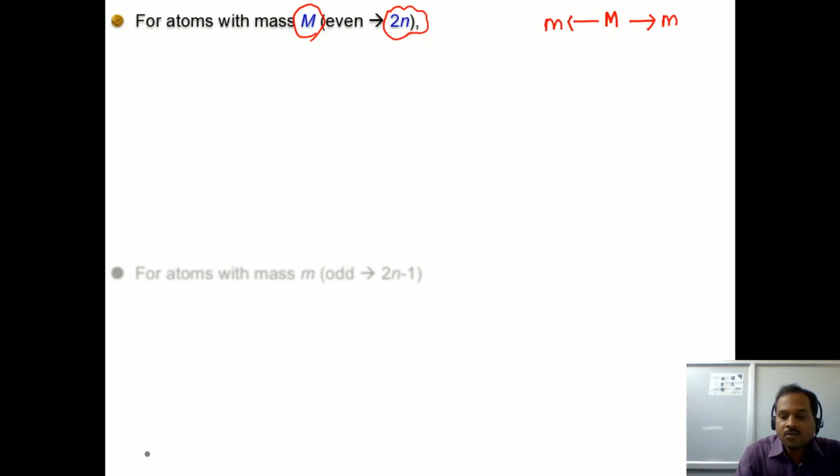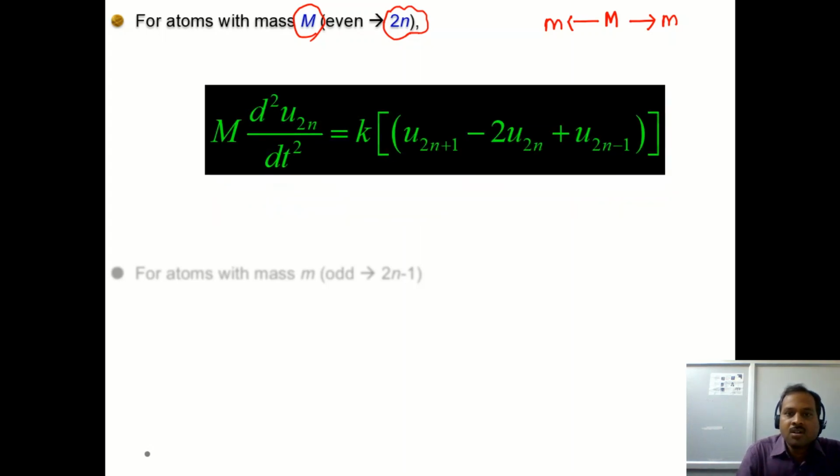So for the 2nth atom the neighbors are 2n plus 1 and 2n minus 1, and the 2n plus 1th atom and the 2n minus 1th atom have the mass small m, whereas the 2nth atom has the mass capital M.